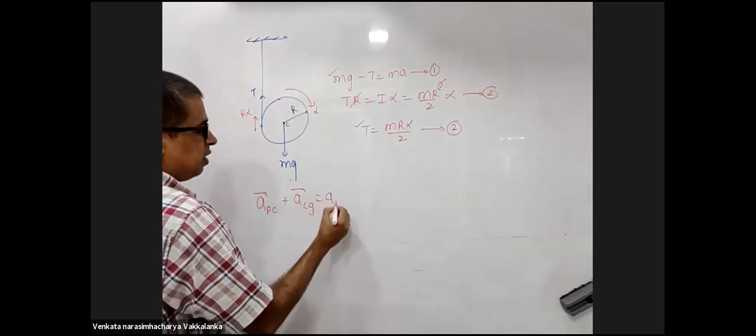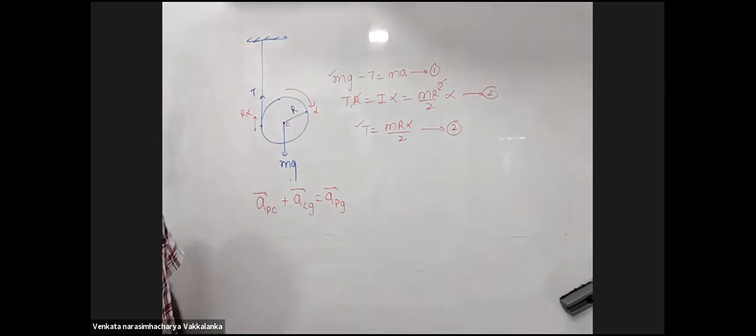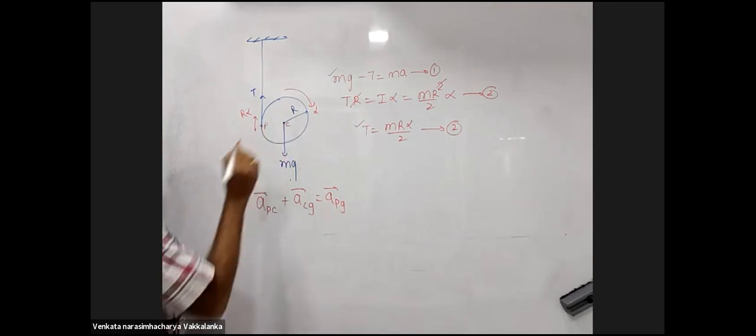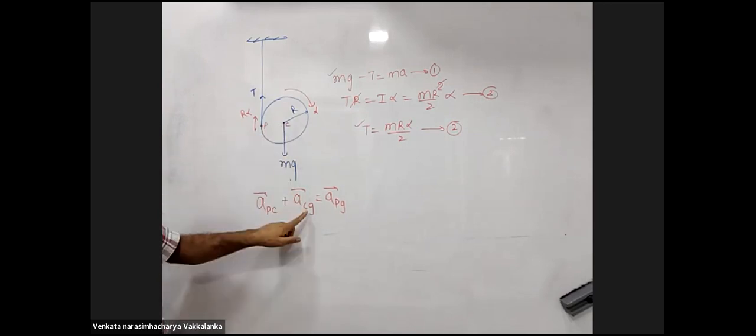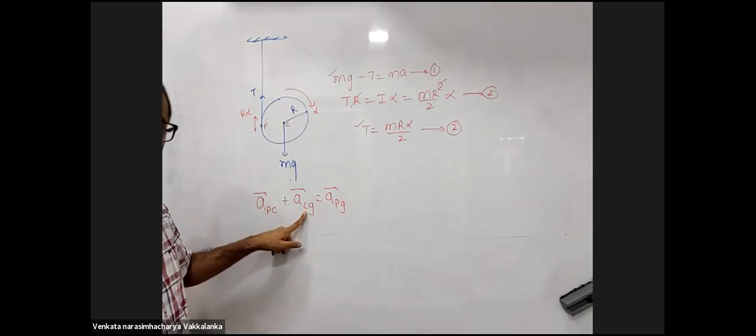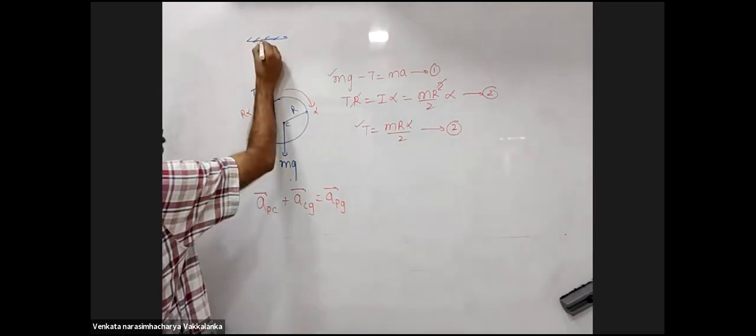Acceleration of point P with respect to center of mass plus acceleration of center of mass with respect to ground will be acceleration of point P with respect to ground, which should be 0.